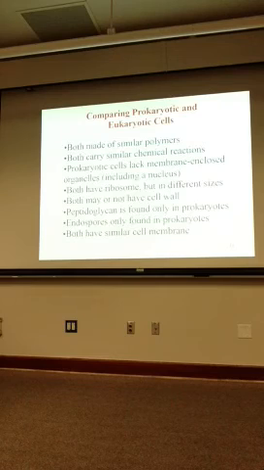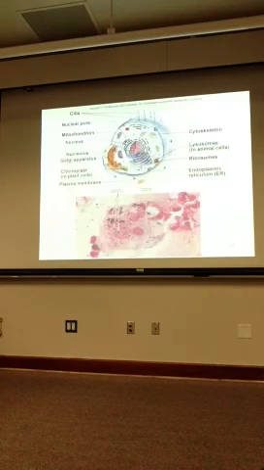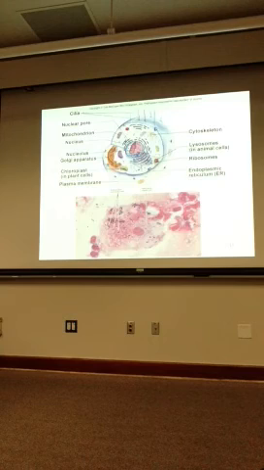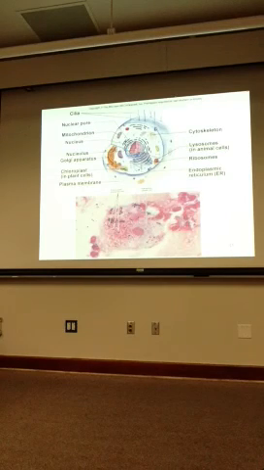I think Anjum went over this, so I'm not going to spend time on it. Cilia are only present in eukaryotes, like the mucociliary elevator, the mucus in your throat that moves down.